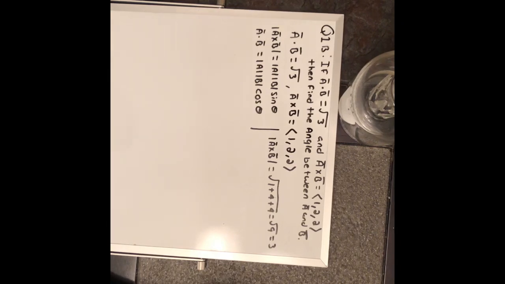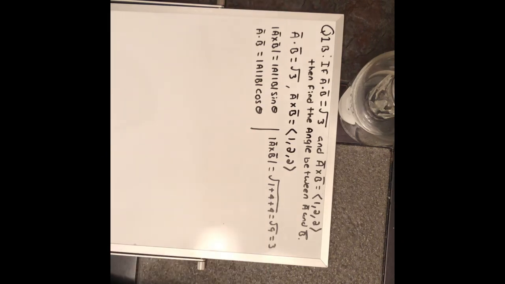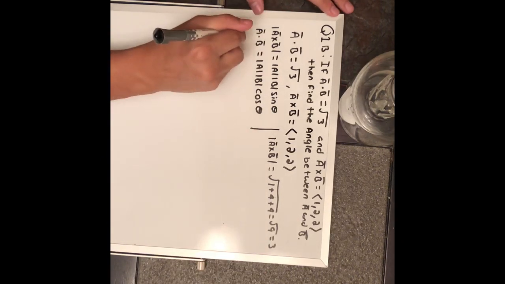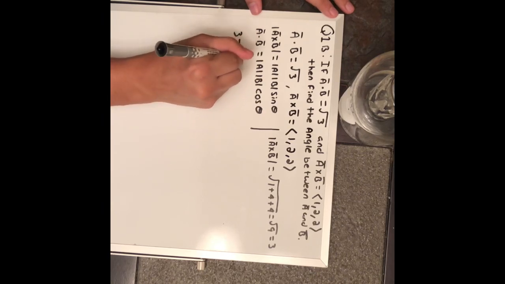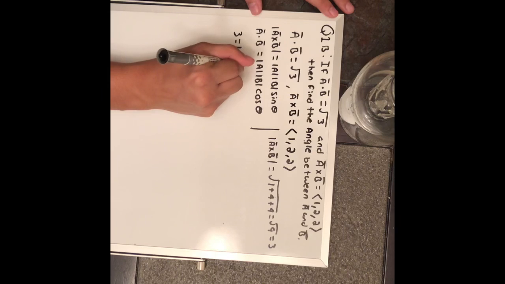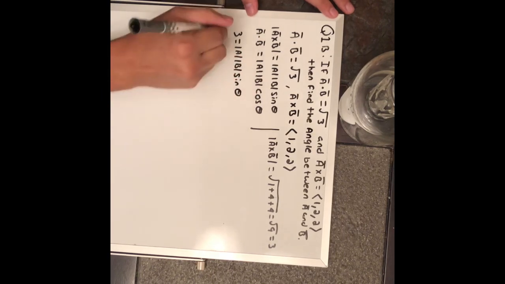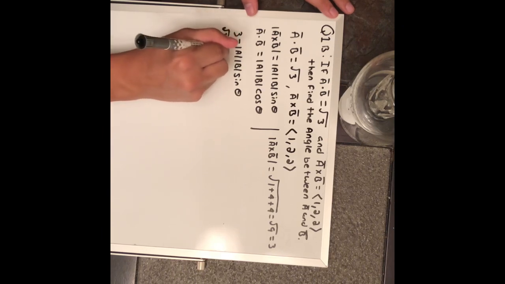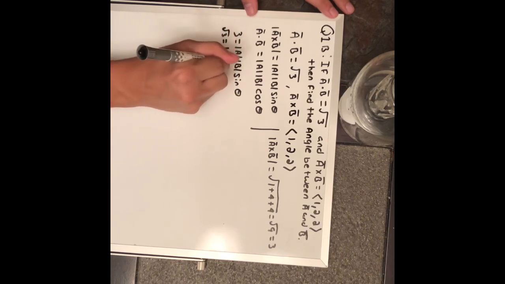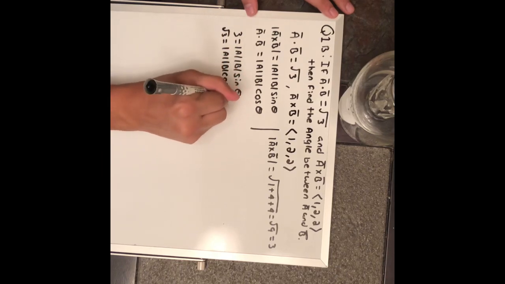So now let us substitute back in these values into the problem. We have 3 is equal to the magnitude of A times the magnitude of B sine theta, and the square root of 3 is equal to the magnitude of A times the magnitude of B cosine theta.